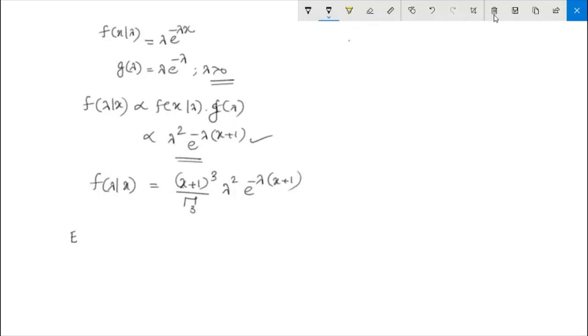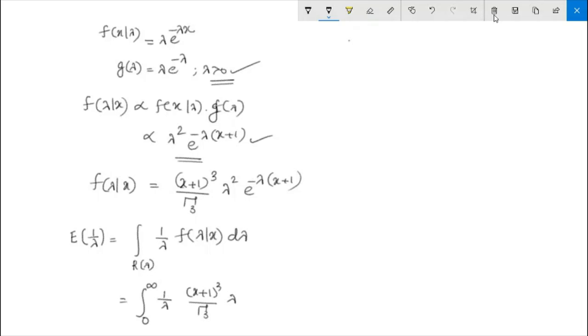So expectation of 1 by lambda is equal to integral over the range of lambda, 1 by lambda into f of lambda given x d lambda, which is equal to integral from lambda is 0 to infinity, 1 by lambda into x plus 1 that whole cube by gamma 3 lambda square e power minus lambda into x plus 1 d lambda.